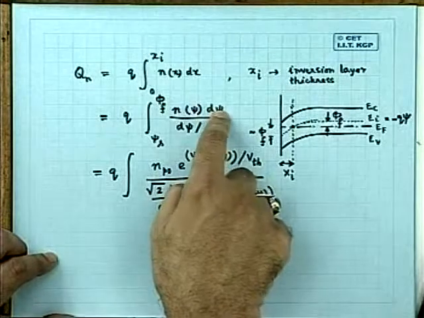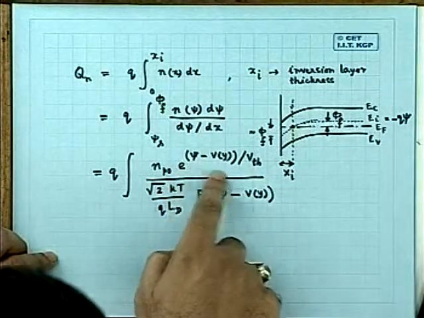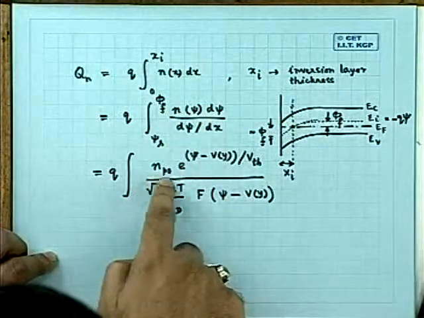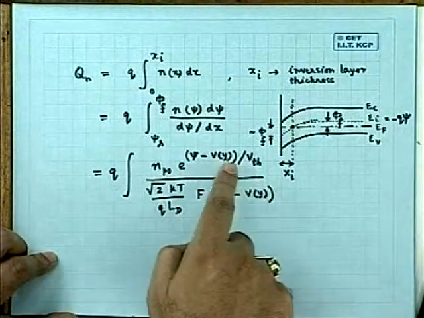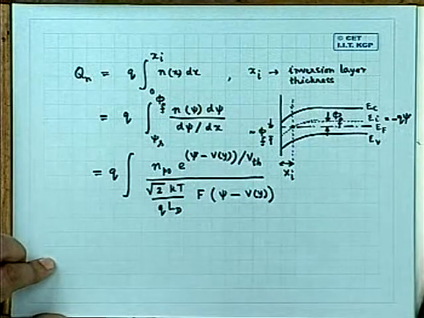You will try to understand yourself. Instead of writing e to the power psi, you have the standard formula of n equal to ni e to the power psi by Vth, but that psi is now modified to psi minus Vy, to take care of the additional drop which has been induced due to the drain current.